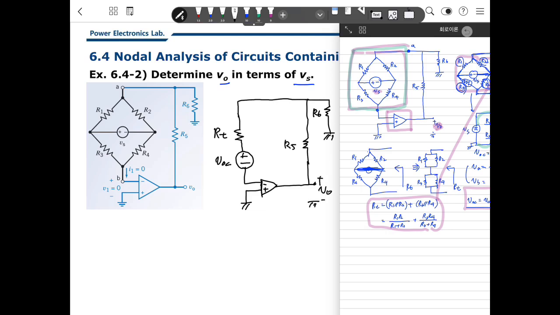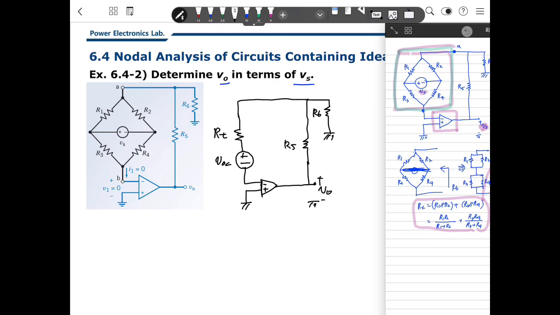This is plus minus Vout. The problem is replaced in this way here.